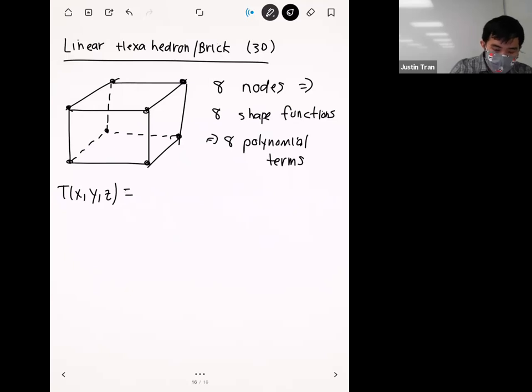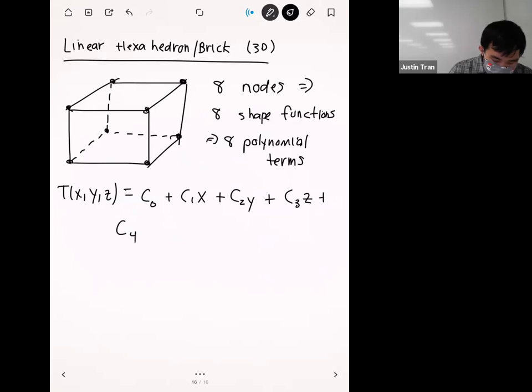Our function here, T of x, y, and z: we have our linear terms, c0 plus c1x plus c2y plus c3z. Then we have all of our pseudo-linear terms, all our cross terms.